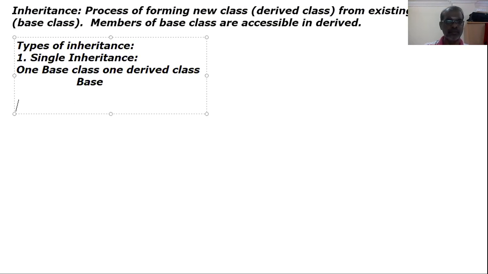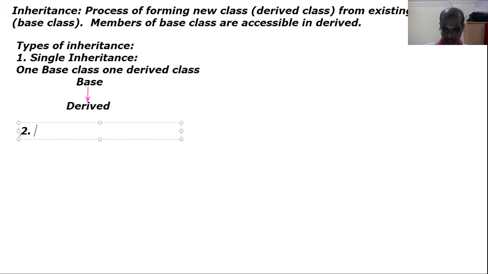Only one base class, only one derived class. Single inheritance means it has one base class and one derived class. The derived class has the rights to access its own members in addition to the members available in the base class.